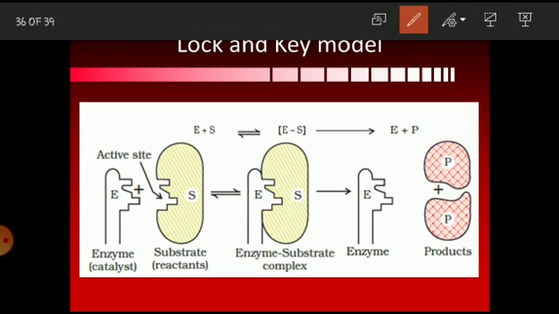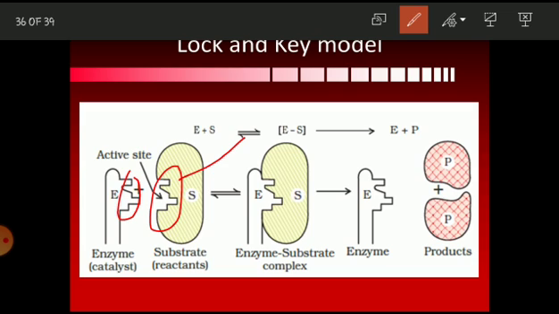What happens here? The enzyme has a proper shape, and the enzyme will act as a catalyst. The enzyme has a proper shape which has the active site. These are what? Active sites. Like a key, you know lock and key. What does a key have? The key has the active site. In a similar manner the enzymes have what? The active site. And the substrate is nothing but the reactant. The reactant also has some pores, that is empty spaces. Pores means a proper shape you can say.